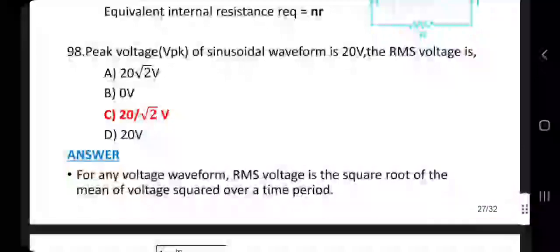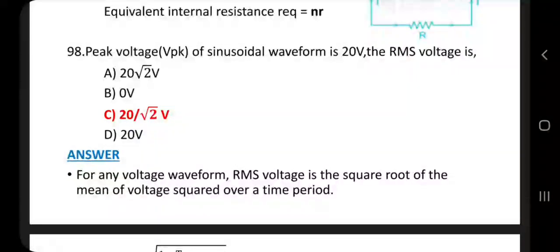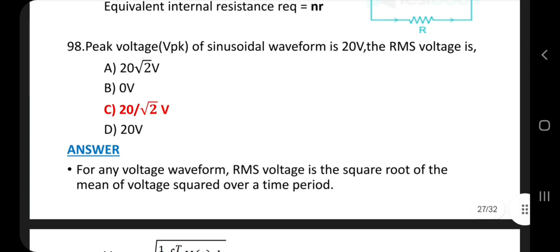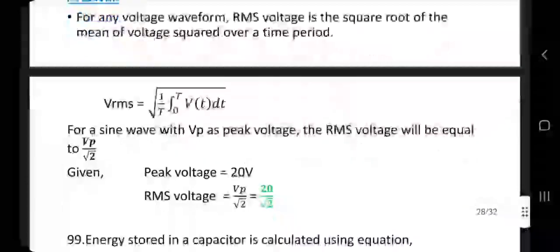Question number 98. Peak voltage, that is Vpk, of a sinusoidal waveform is 20 volt. The RMS voltage is, answer is option C, 20 by root 2 volt. For any voltage waveform, RMS voltage is the square root of the mean of voltage squared over a time period.